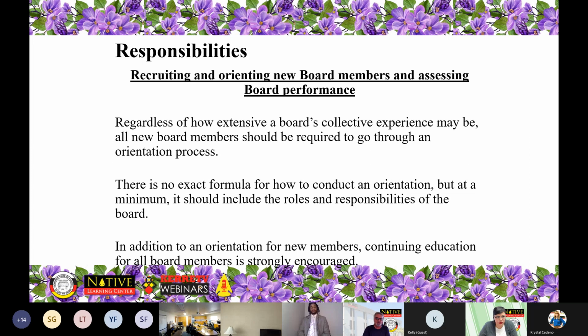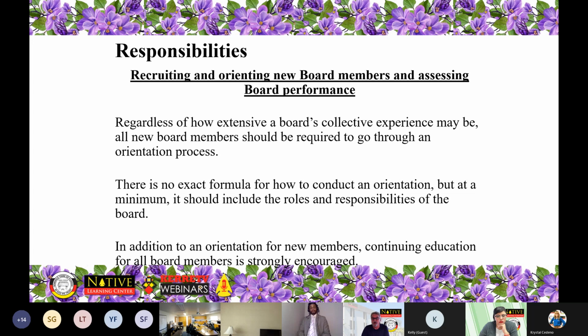We might as well do it up front and make it incorporated as part of our process, even to the extent that we've incorporated it into our bylaws, that we have a process in place with staggered terms and a process for identifying new potential board members to come onto the board and serve in at least the capacity of a director at large, if not an officer, but at least a director.